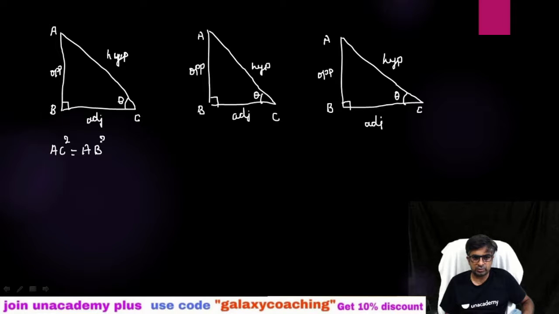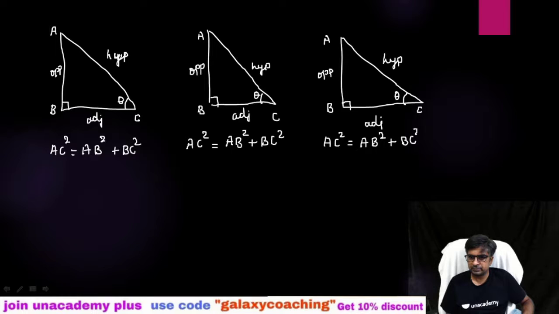AC square is equal to AB square plus BC square. In all these three, here also we can write AC square is equal to AB square plus BC square. And here also I can write AC square is equal to AB square plus BC square.